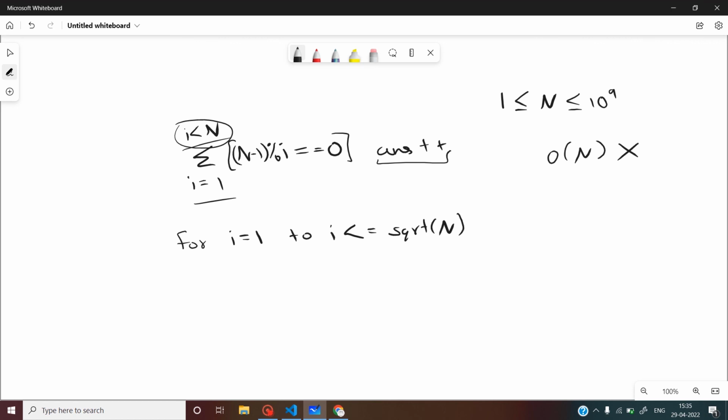Since all the factors which divide n will be less than or equal to square root of n, we can just calculate the number of factors in root n time. So now our equation reduced to I less than or equal to square root of n.